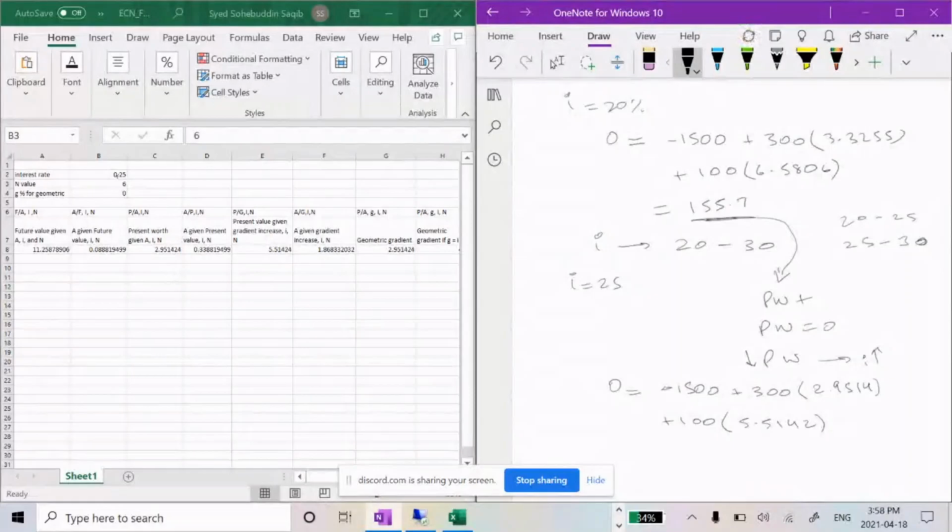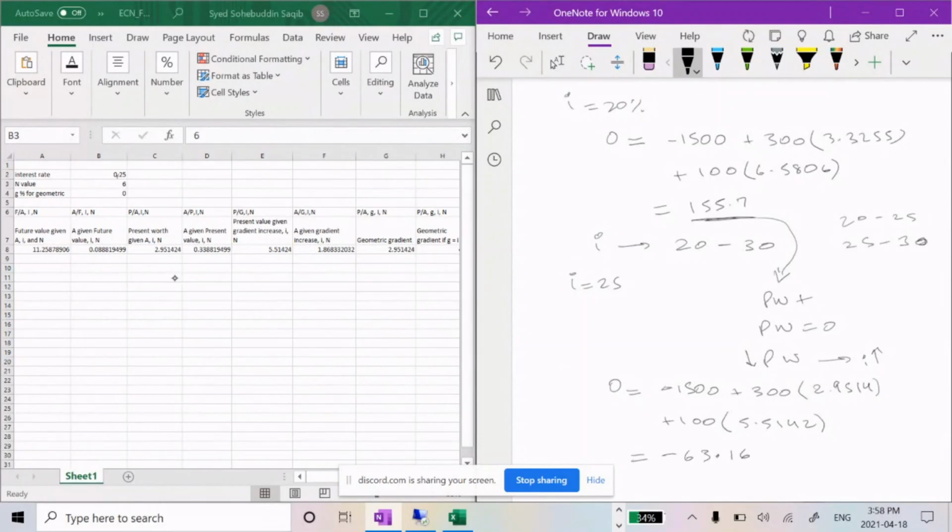Okay, so again, let's plug this in. For this one, you get negative 63.16.